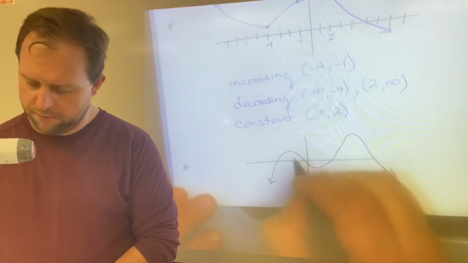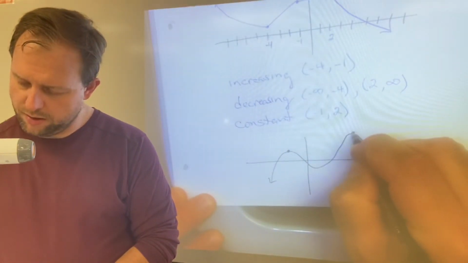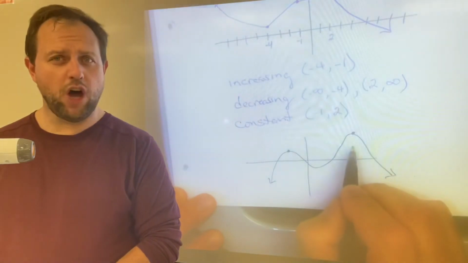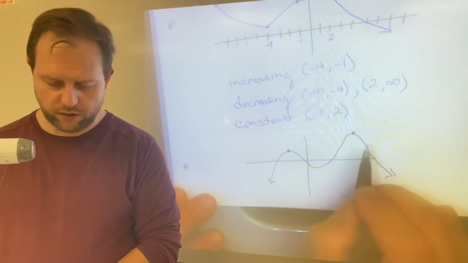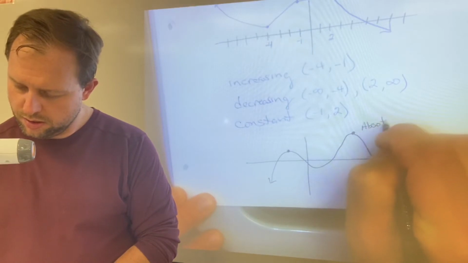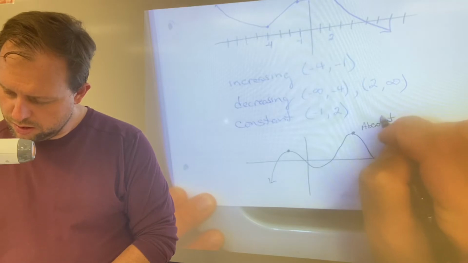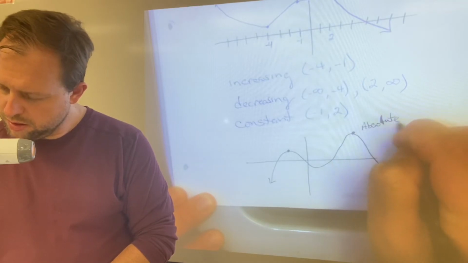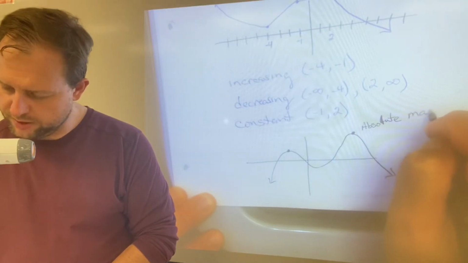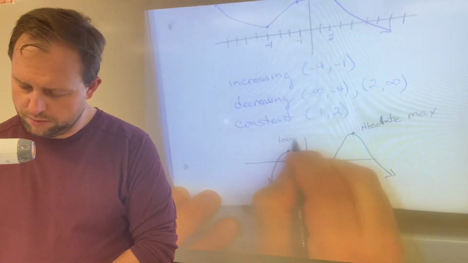So we have a maximum here and a maximum here. This maximum is the tallest one possible. The function is going higher, so that is our absolute max. The smaller one is called a local max.